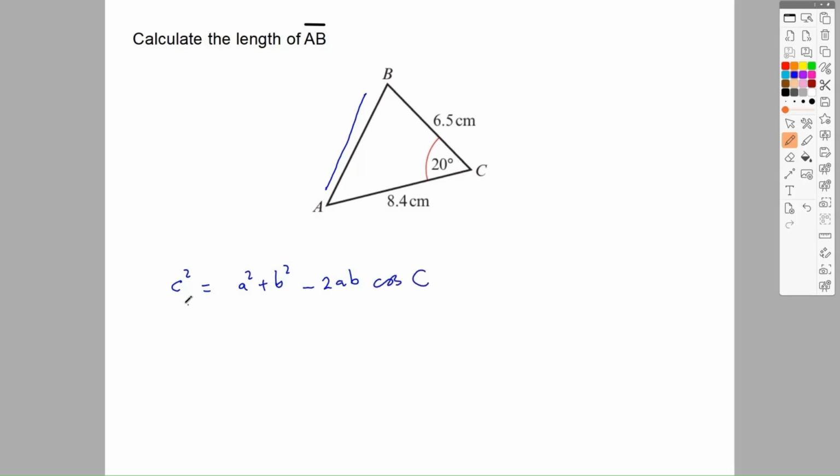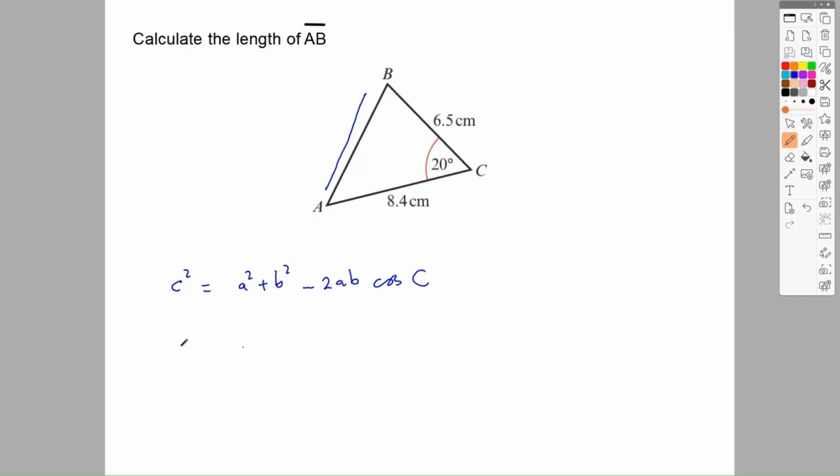And if you remember the original rule, we have a squared, and it doesn't matter. You have to understand that this letter here is the side opposite to this angle here, and these are the known sides.